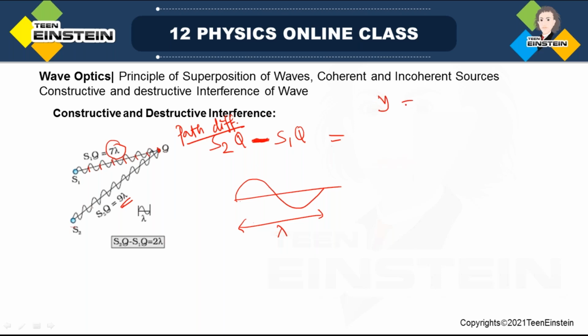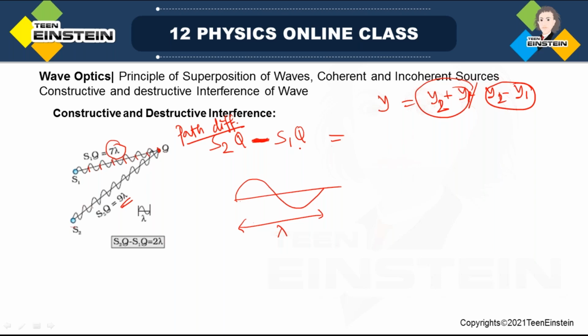You need to know whether the resultant displacement will be y1 plus y2 or y2 minus y1. So you have to find out whether these two waves are meeting at this particular point in phase or out of phase.